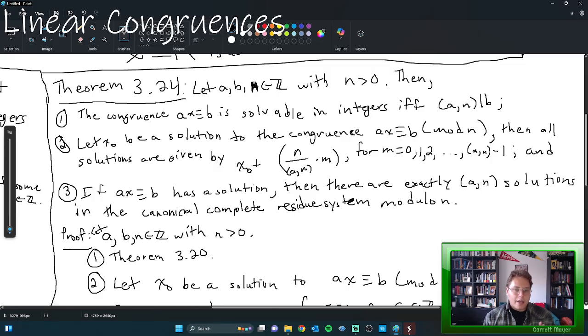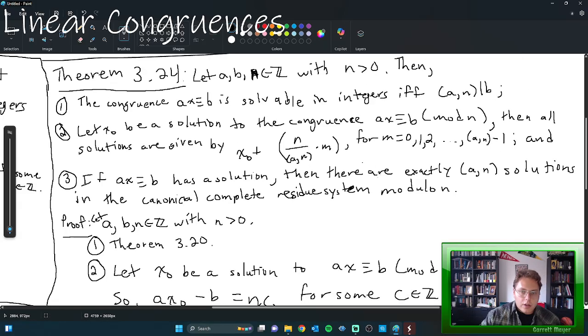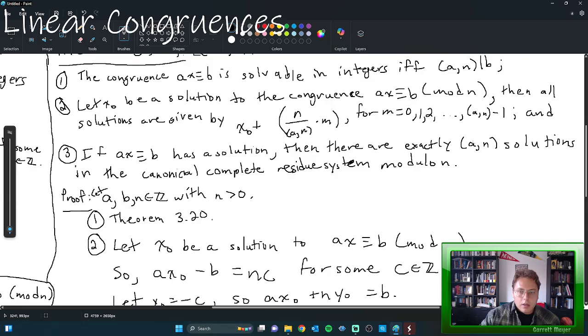It's a list of N numbers where every single number is congruent to something in this list. So what we want to show is that there are exactly GCD of A and N solutions.